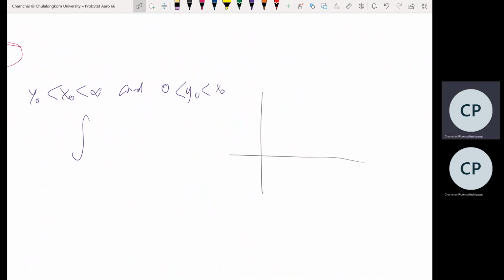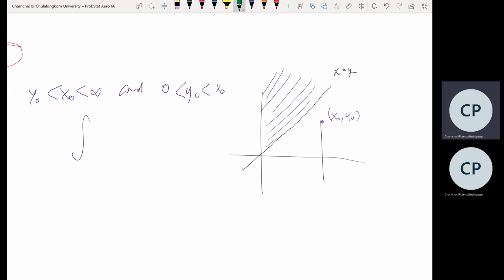This one, we're gonna draw this line again, right? This is x equal to y. But we're gonna have x naught, y naught right here. If you are integrating, remember, you are integrating along this area, right?